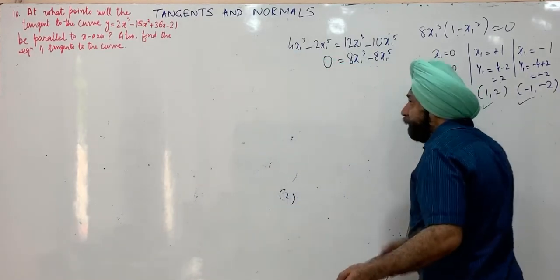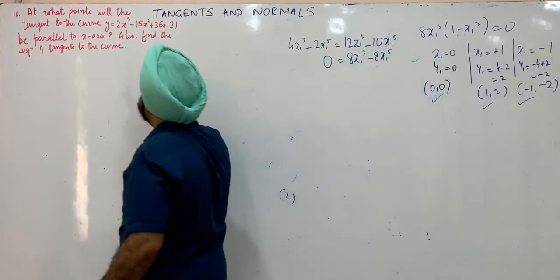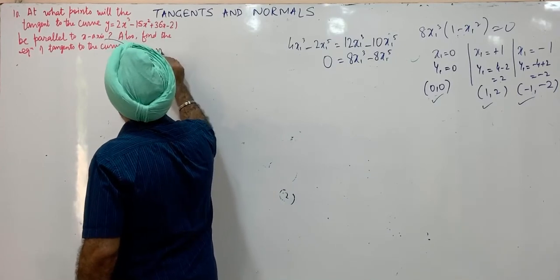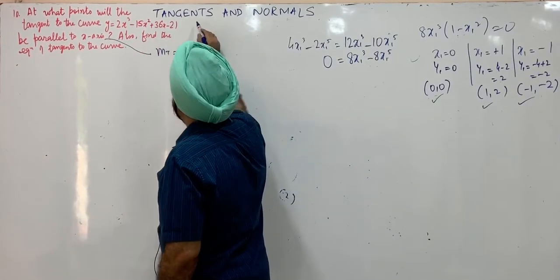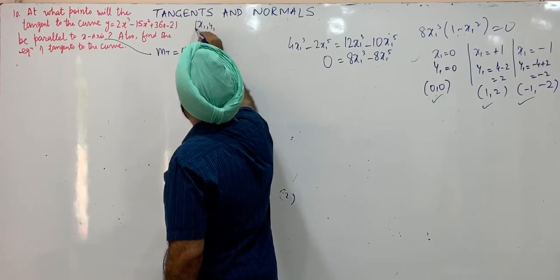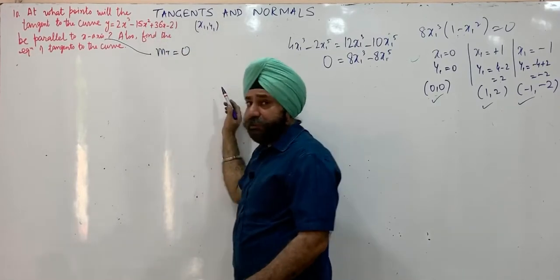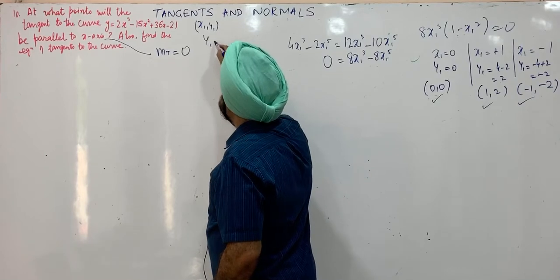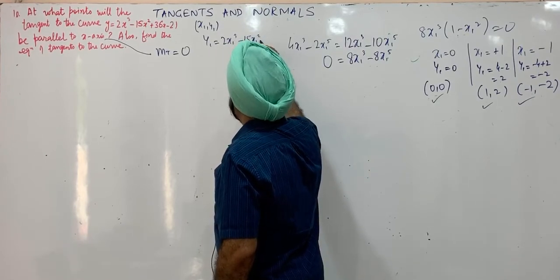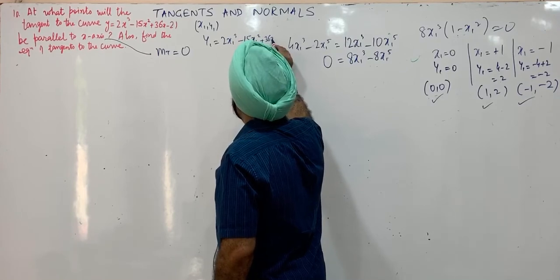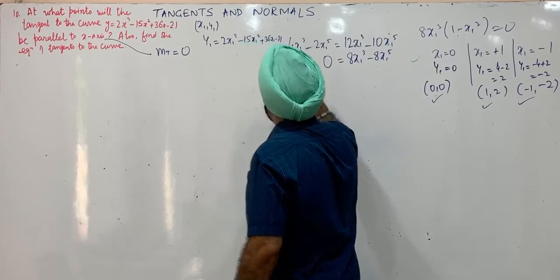Tangent is parallel to x-axis means slope of tangent is 0. Let the point be (x1, y1). This point lies on this curve. This means y1 is 2x1 cube minus 15x1 square plus 36x1 minus 21.